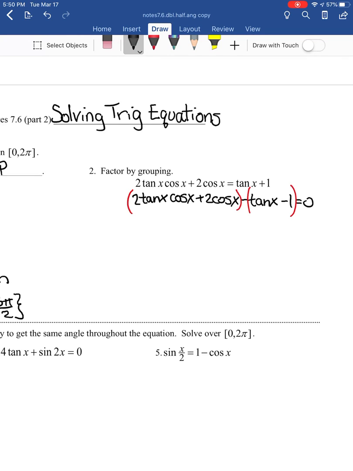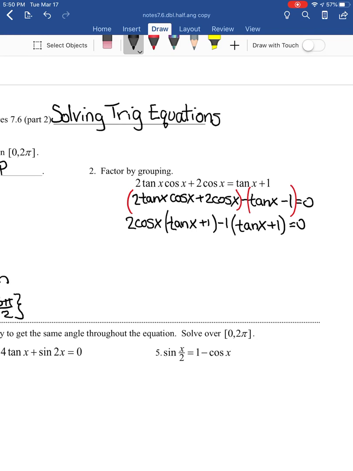From that first set of parentheses, I can pull out a 2 cosine x, and I am left with tangent x plus 1. And for that second set of parentheses, I can factor out a -1, and I'm left with tangent x plus 1.